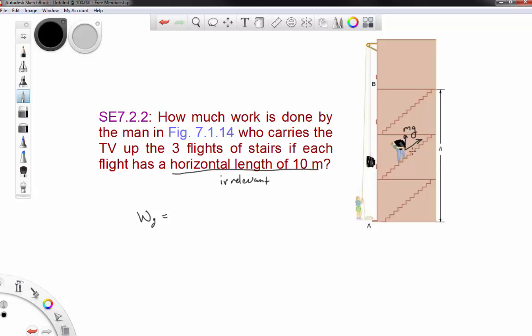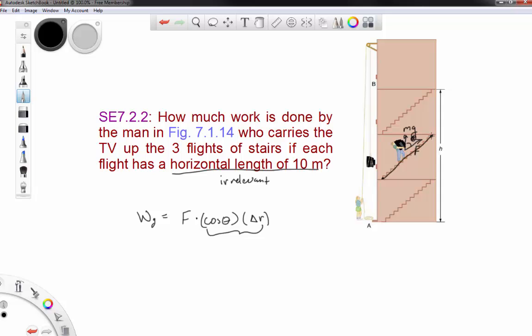One way of looking at that is that he has to apply some force in this direction, but the change in position is in the upward direction, so we'd use force times cosine of theta times the total distance delta r. And these two terms right here are going to combine in such a way that delta r is basically going to be from here to here.